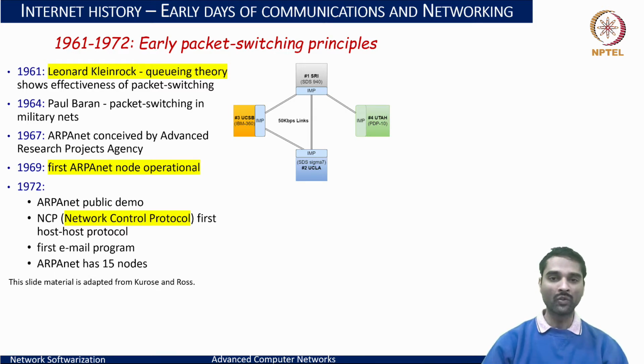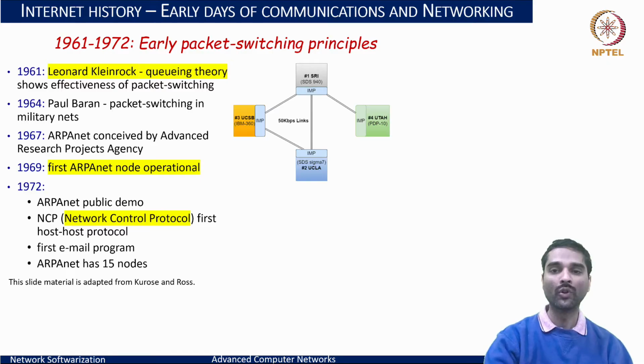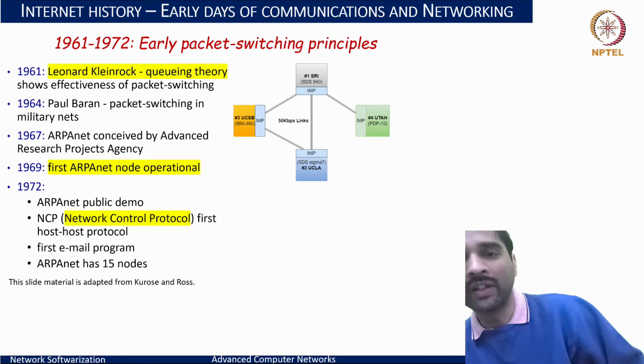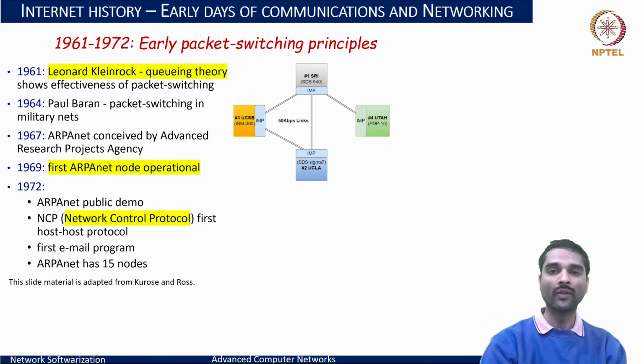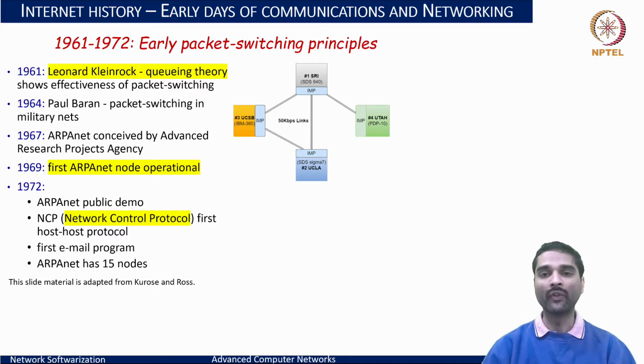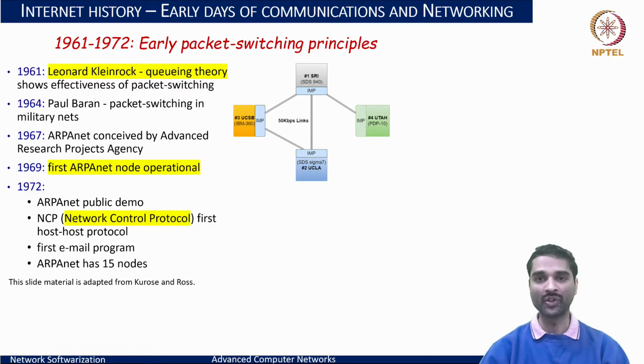And what we achieved was exactly this 4-node network that you are seeing on this slide here. The first node was at Stanford Research Institute, and this node was a mainframe SDS 940, which was a 24-bit mainframe system.